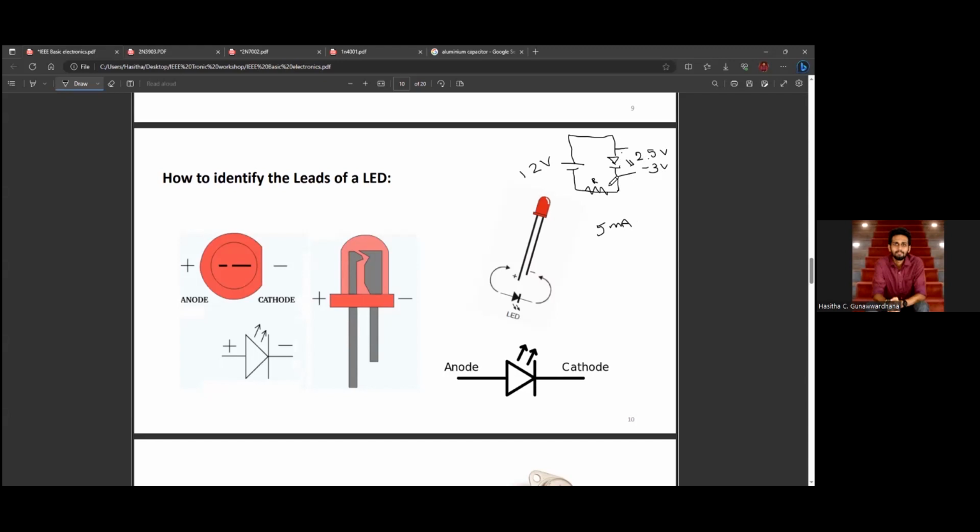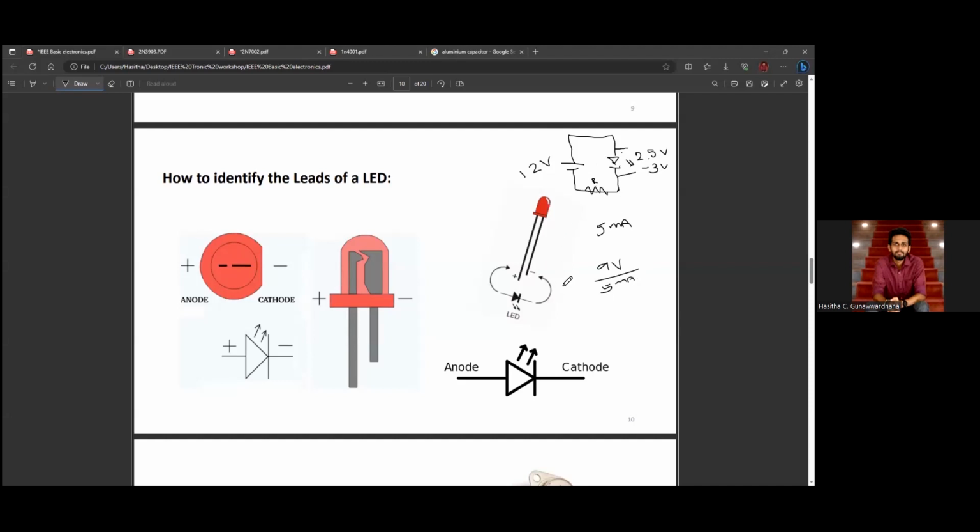If we want to calculate this R value, you can simply assume this is a 12 volt battery. So to calculate R, you can simply subtract 3 volts from 12, which is 9 volts. Then divide this by the current, 5 milliampere.